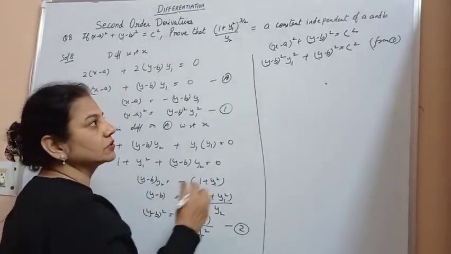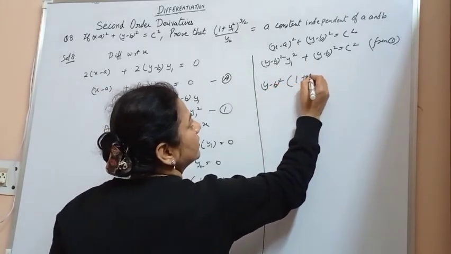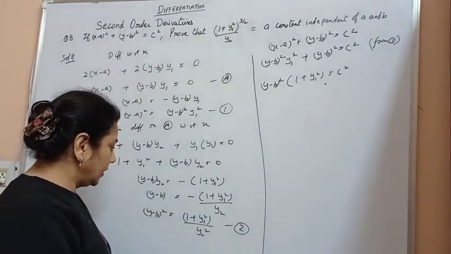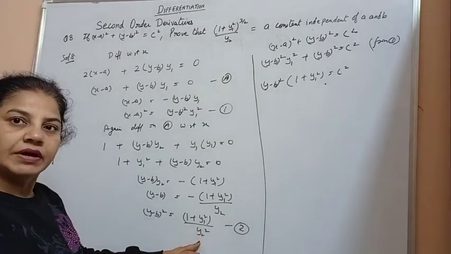Take y minus b whole square common. I am left with 1 plus y1 square is equal to c square. Here the value of y minus b whole square is 1 plus y1 square whole square upon y2 square.